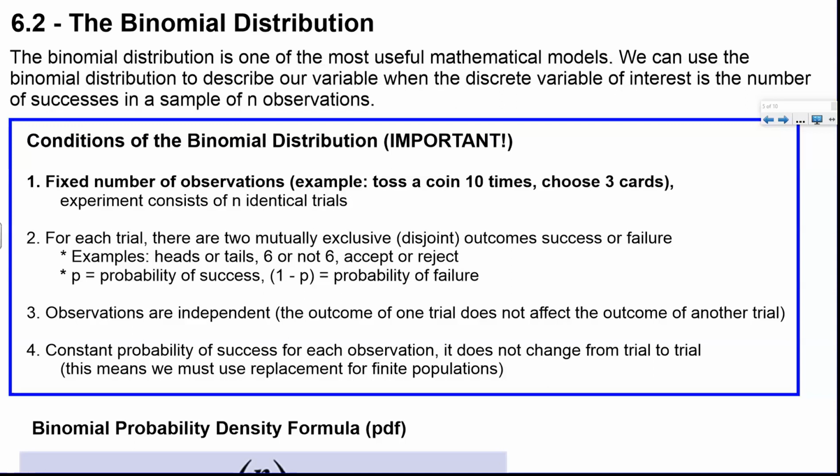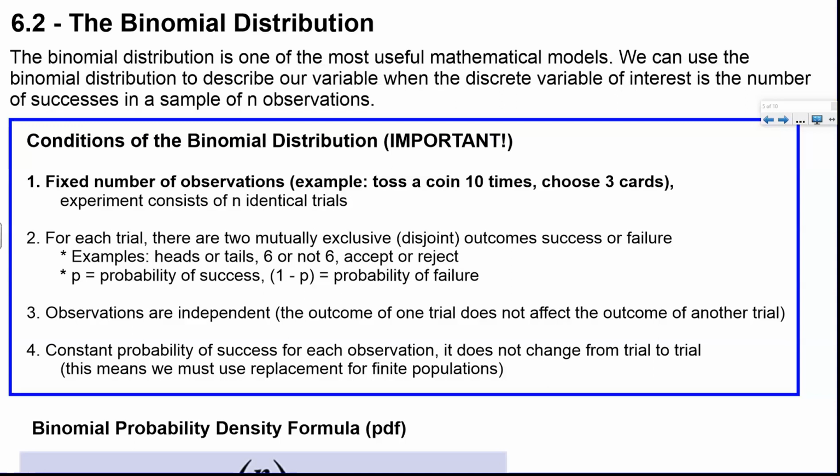So like when we're flipping a coin, if we're counting how many heads we get in 10 flips, that would be binomial. How many 5s we get when we roll a die 8 times. Okay, so we're counting something that we're going to call a success, and then we have a certain number of trials. So usually if that's the case, then you can use the binomial.